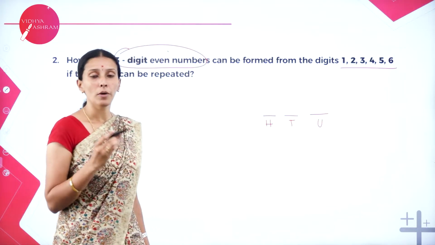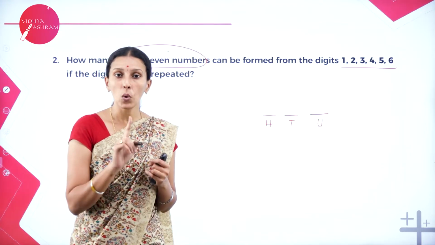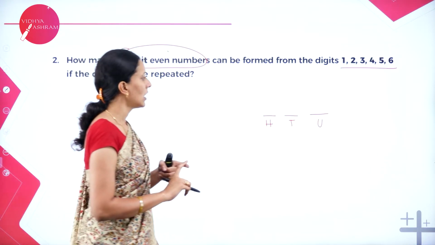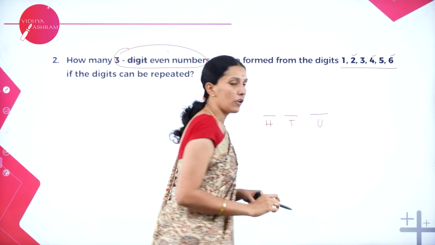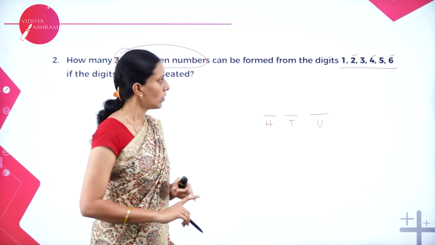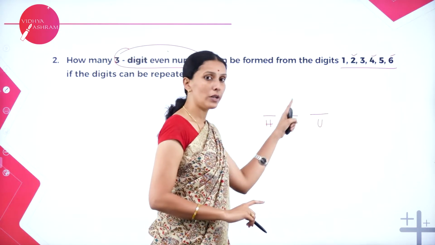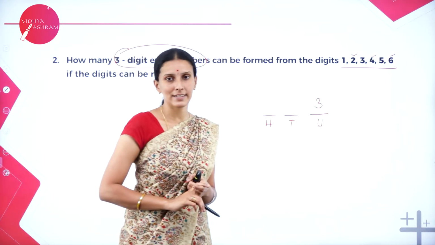If I have to form even numbers, the units place must end with only even numbers. That is, the units place can take only 2, 4, 6. If you put 1, 3, 5 in the units place, it will become an odd number. So the only chances the units place can take is 3 numbers out of 6.